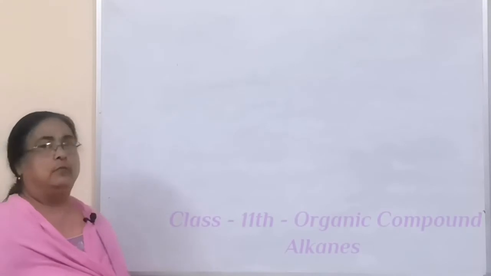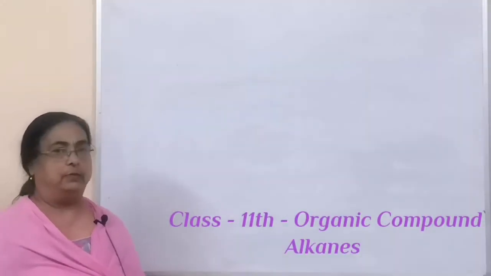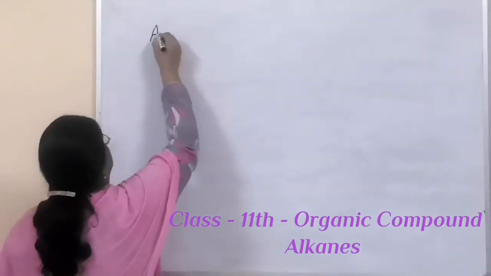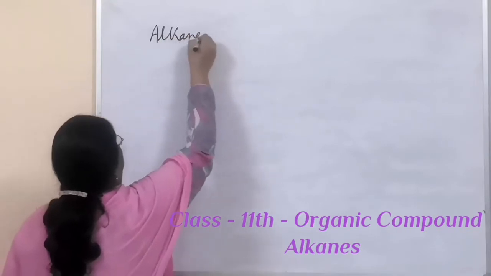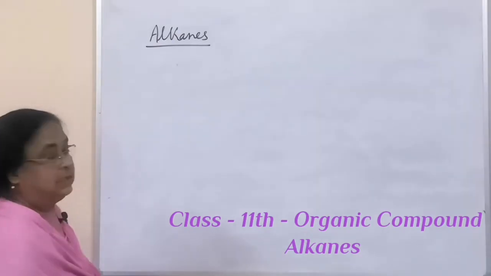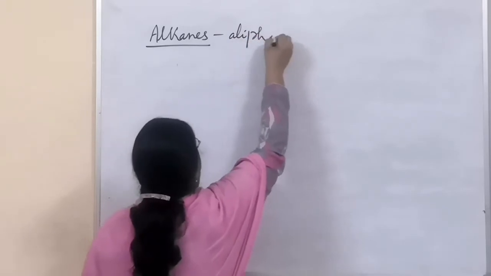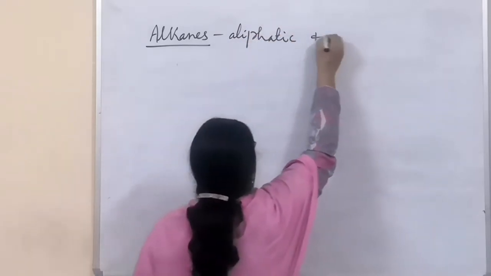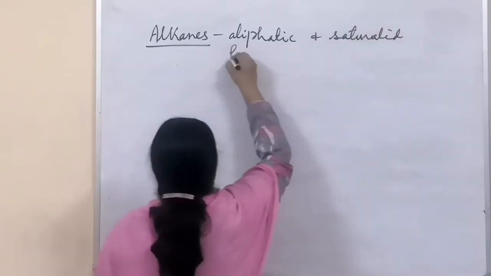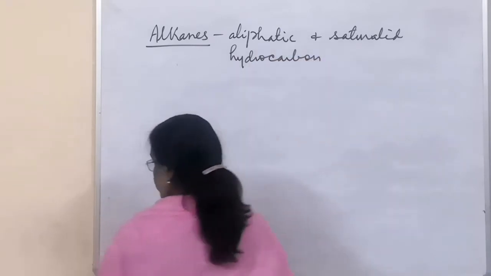Students, we will start the next chapter of organic chemistry, that is hydrocarbons. In that, the first topic is alkanes. Alkanes are aliphatic and saturated hydrocarbons.